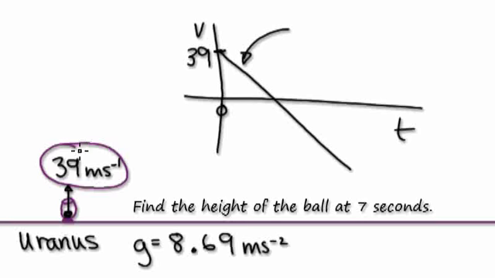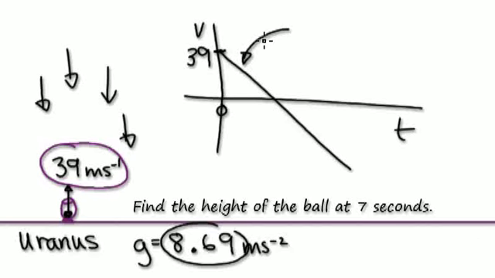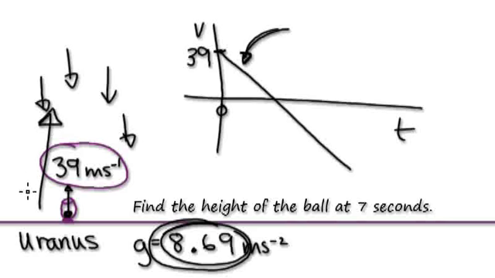Now, gravity is always acting on this cannonball, and gravity on Uranus is 8.69. If you look at the line here, the gradient would be negative 8.69, because we've taken going up as positive. So anything that's acting in the opposite direction would be a negative.